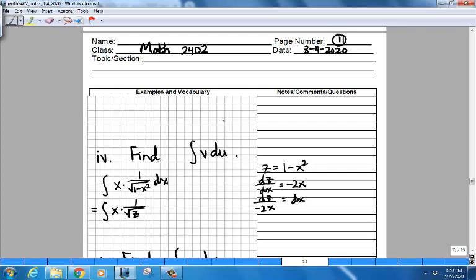Cool, just like I had hoped, the x's cancel out, and we end up with a pretty simple antiderivative after I factor out the minus 1/2. So I have minus 1/2 times the antiderivative of dz over the square root of z, which I can write as the antiderivative of z to the minus 1/2 power. 1 over the square root of z is z to the minus 1/2 power.